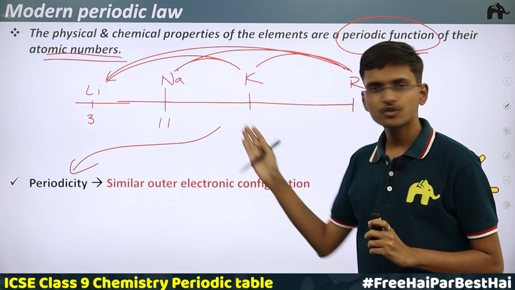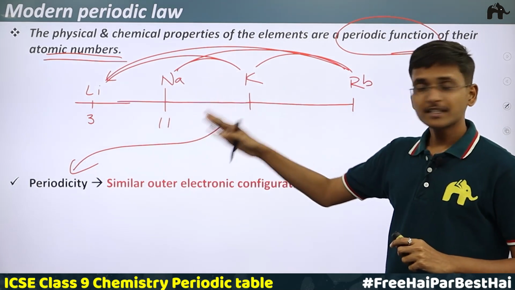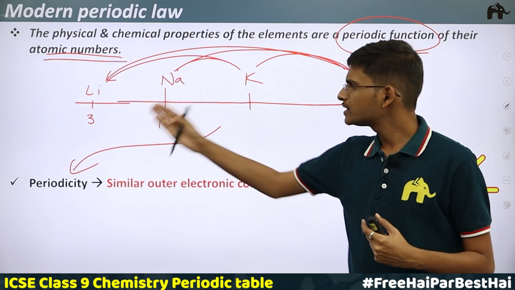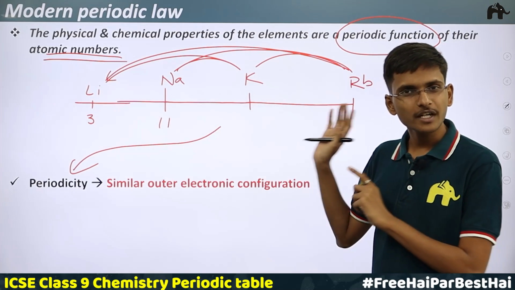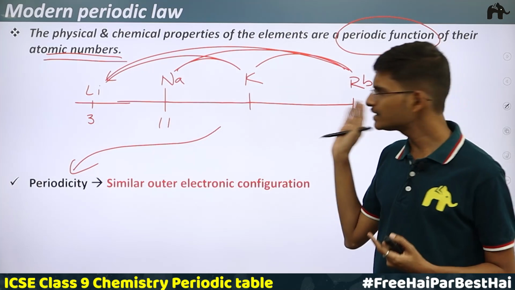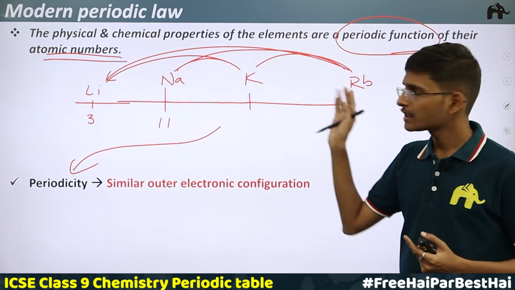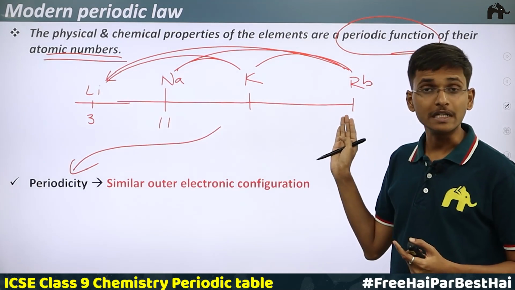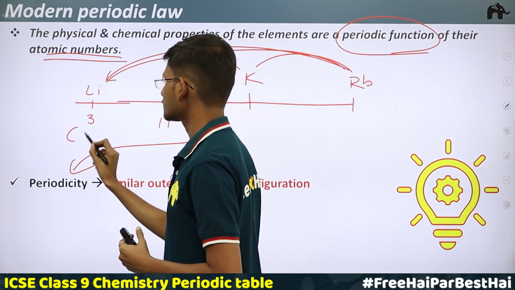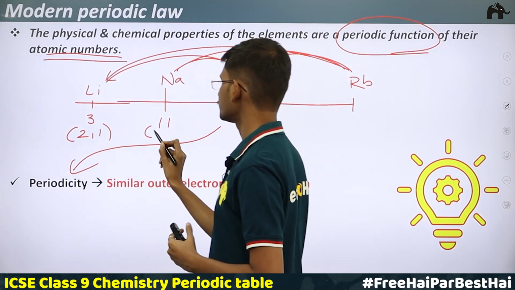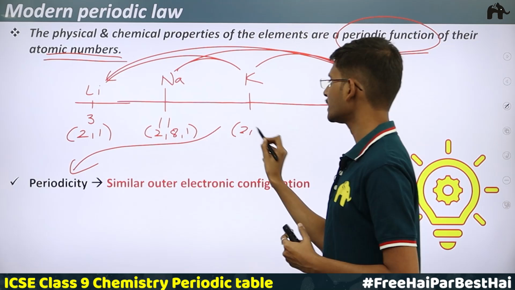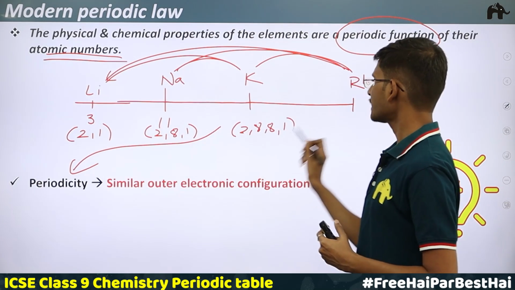Correct? So here also, since we are getting the elements after a particular interval of atomic numbers, let us observe the electronic configurations of such elements. For example, I am getting lithium, sodium, potassium and rubidium, which have similar properties after a particular interval of atomic numbers. Suppose lithium is 2,1, sodium is 2,8,1, potassium is 2,8,8,1 and so on.